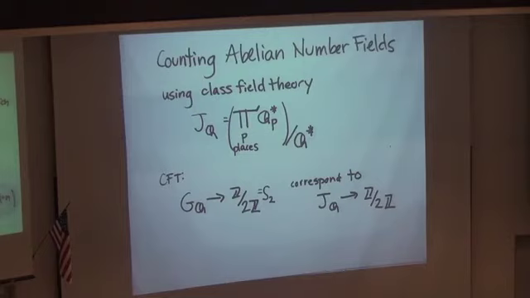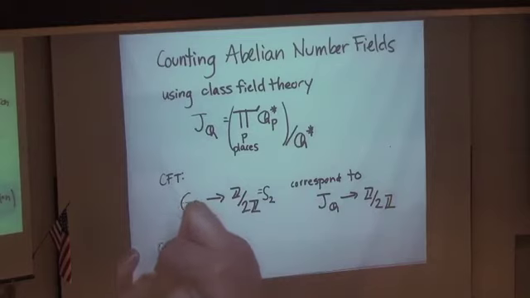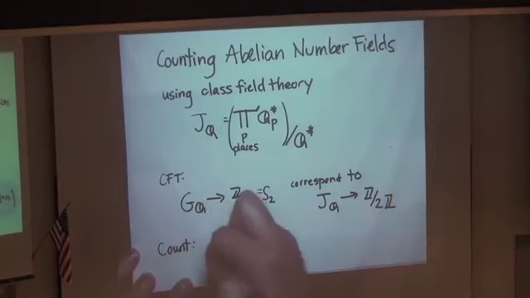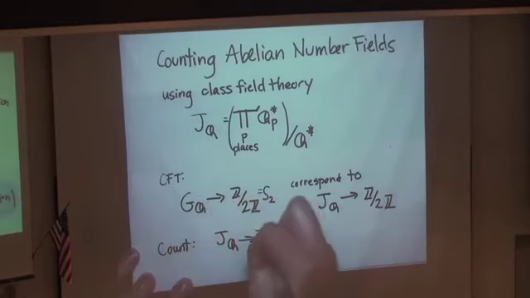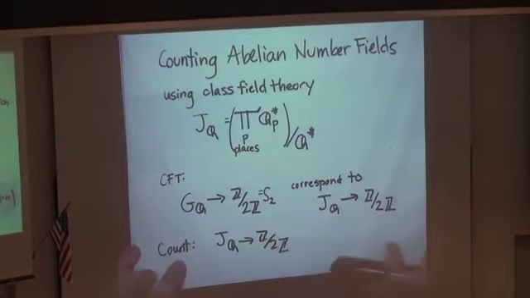So to count quadratic extensions, I want to count maps from J_Q into Z mod 2Z.